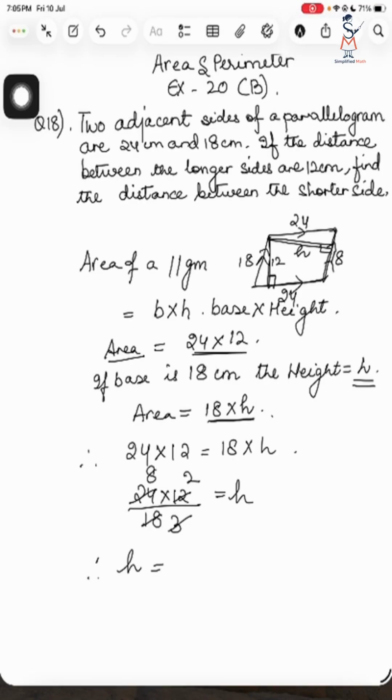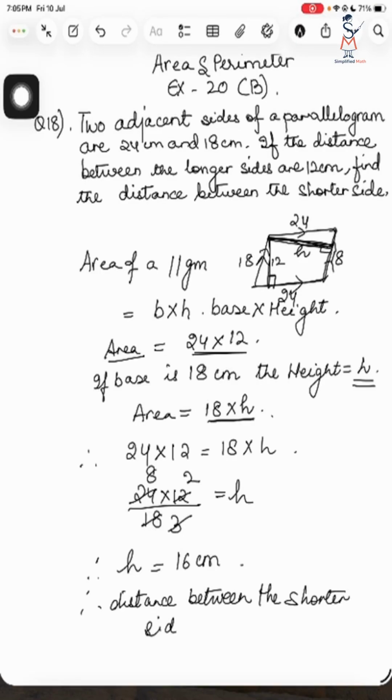Therefore h is 16 centimeter. That is, the distance between the shorter sides is equal to 16 centimeter.